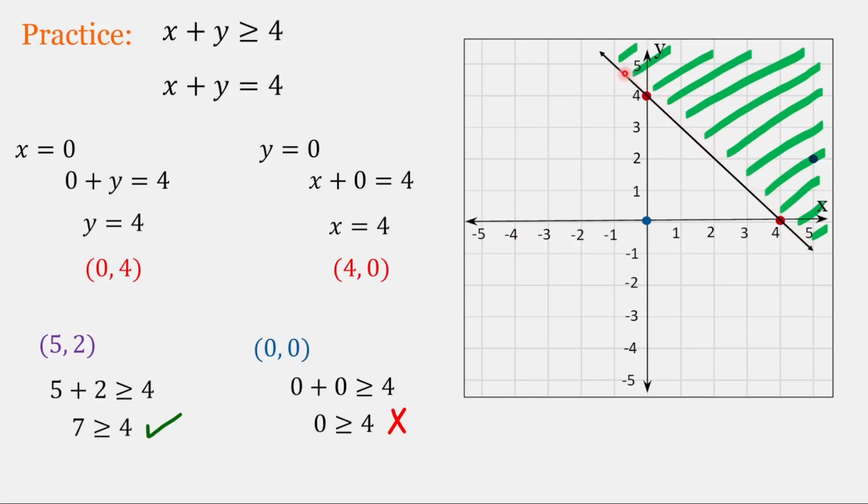This is a solid line because the inequality was greater than or equal to. So that or equal to means that every point that's on this line, this boundary line, is a solution to the inequality. And then testing a point on either side of the line, we were able to determine which region to shade.